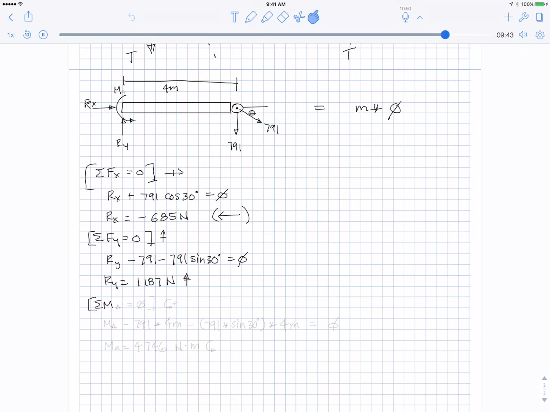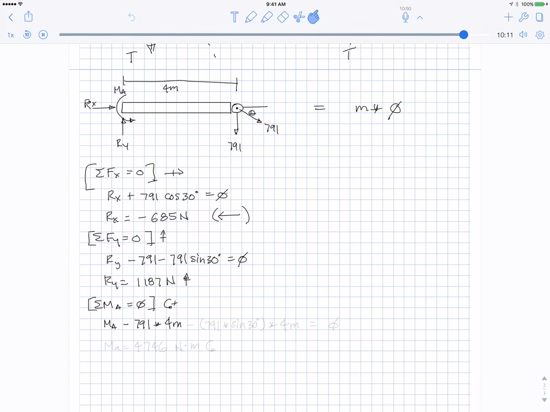And then finally, sum of moments about A is 0. We'll take counterclockwise as positive. So I drew in the moment counterclockwise, so that's positive, MA. Okay, the 791 vertical has a moment arm of 4 meters.